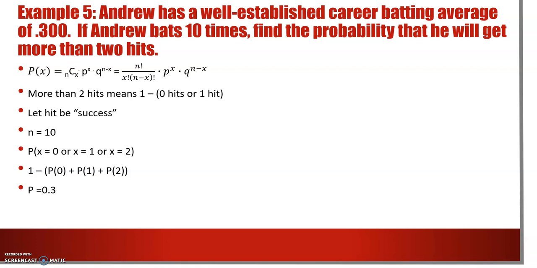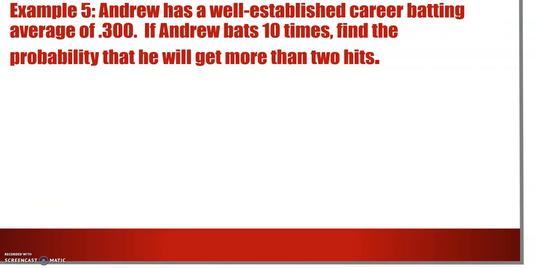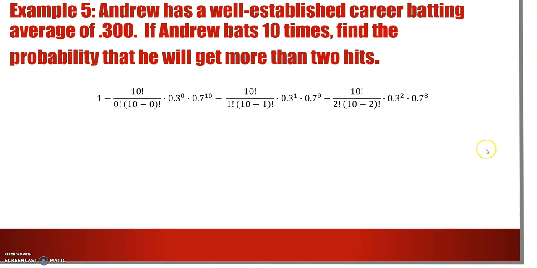P equals 0.3, Q equals 0.7. Substituting into the formula, it's going to be 1 minus 10 choose 0 times 0.3 to the 0 times 0.7 to the 10th, minus 10 choose 1 times 0.3 to the 1st times 0.7 to the 9th, minus 10 choose 2 times 0.3 to the 2nd times 0.7 to the 8th.